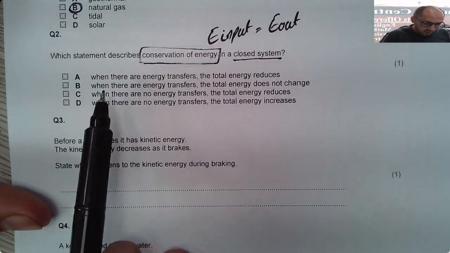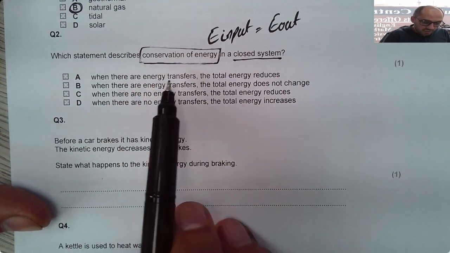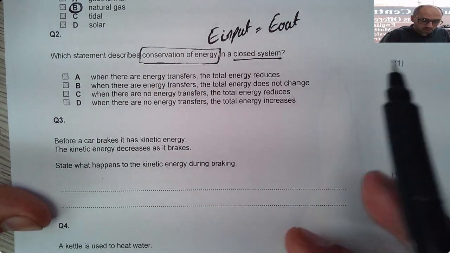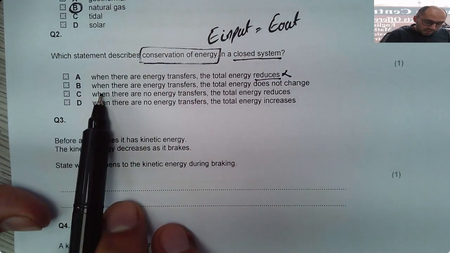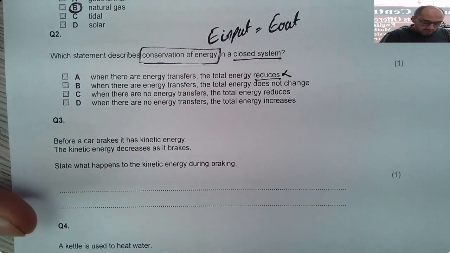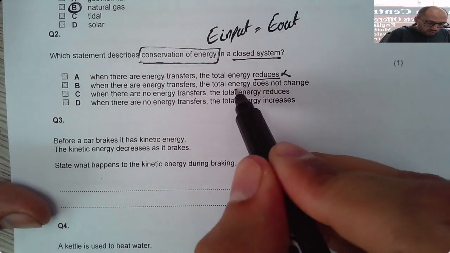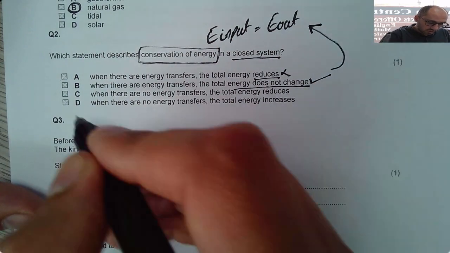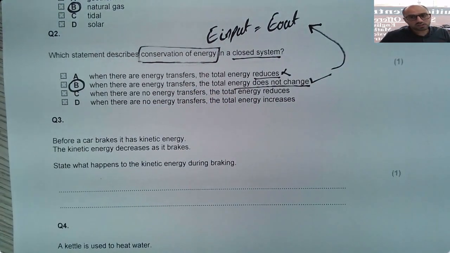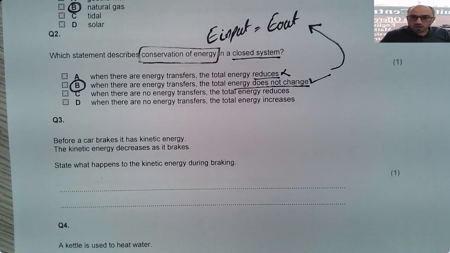The first one talks about when there are energy transfers, the total energy reduces. Now this is wrong. The second says, when there are energy transfers, the total energy does not change, and that relates back to this. So I can say my answer will be B. I don't even have to look at the next two options.